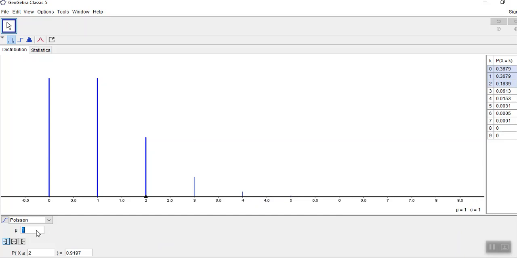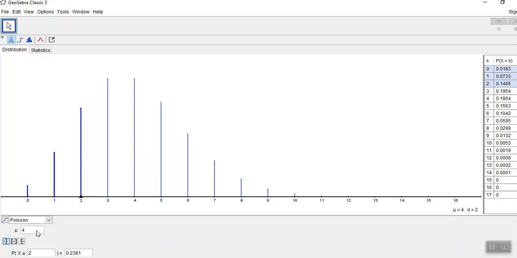So first of all, I'm going to change it to 4. So you'll see the distribution changes, and over here we've now got a mean of 4 and a standard deviation of 2. So it's looking like the parameter and the mean are the same value. But what's happening with the standard deviation? Well, let's try 9.